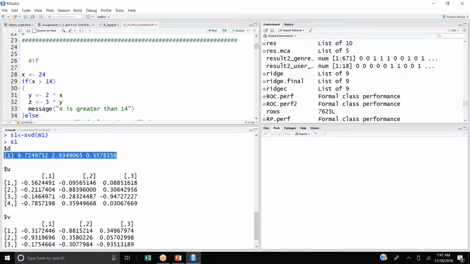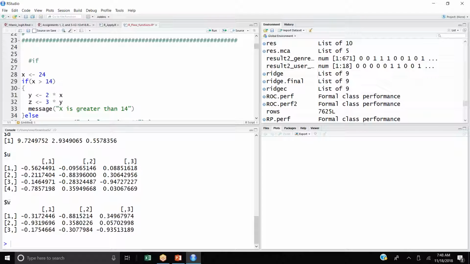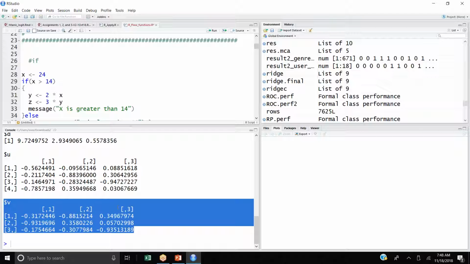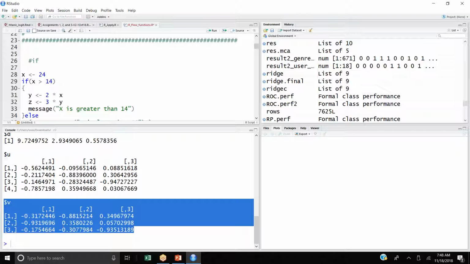And this is the U matrix, and this is the V matrix. In the case of spectral decomposition, we don't need 2 matrices because you just need the eigenvectors matrix, and it is only one.